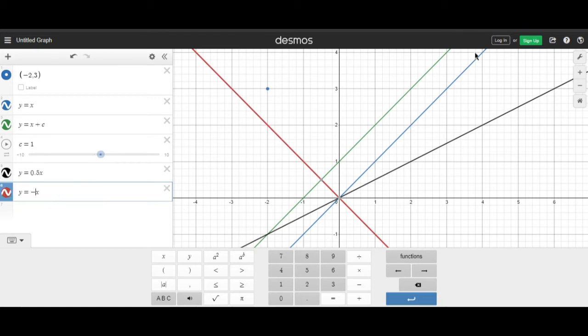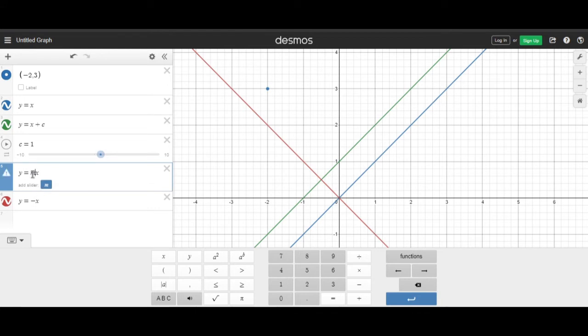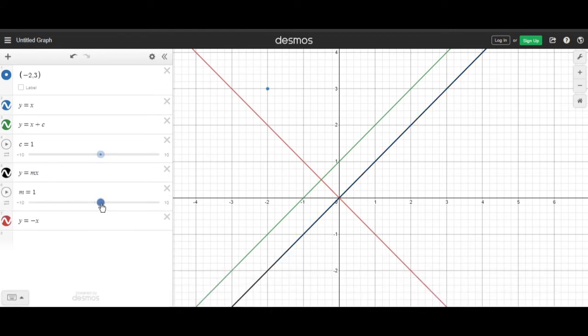Y equal x was like this. If I increase the number here, the slope will increase or decrease. The magnitude of the slope will increase or decrease. When we made it 10x, it went up. When we made it half x, the tilt decreased. I can show you like this also. Let's put a variable here. We usually use m for the slope, and I'm putting a slider. Look at the black line here.